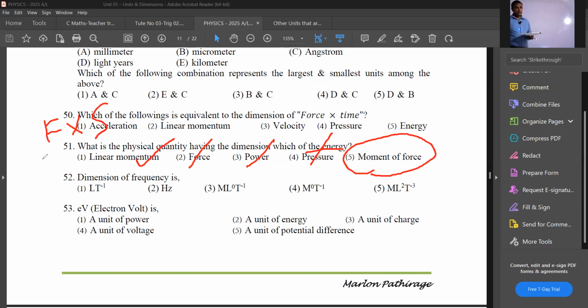So you have to choose the answer that is equal to force into distance. Linear momentum is force into time, so it is not the answer. Force is not the answer. Power is energy over time, so it is not the answer. Pressure is force over area, so it is not the answer. So the answer would be answer number 5.